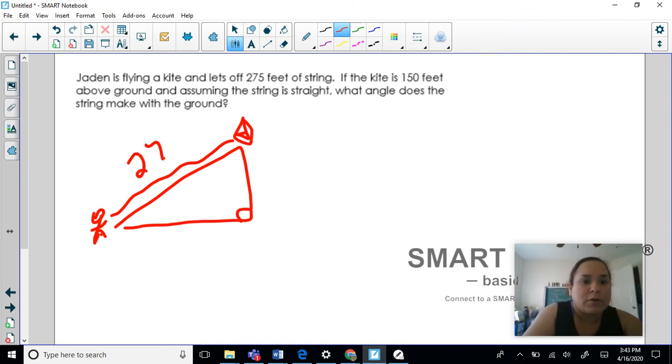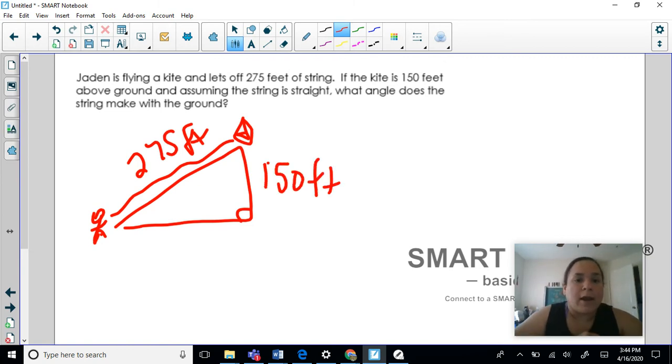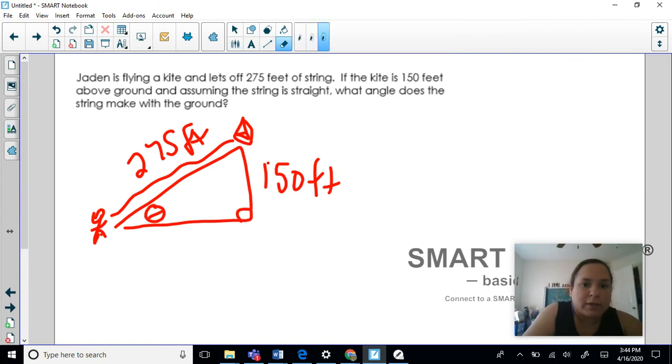So this is 275 feet. If the kite is 150 feet above the ground, so above the ground would be here, 150 feet above the ground, and assuming the string is straight, what angle does the string make with the ground? So here's the angle. Or instead of labeling it theta, you could label it x.